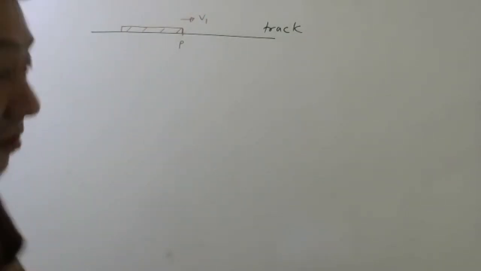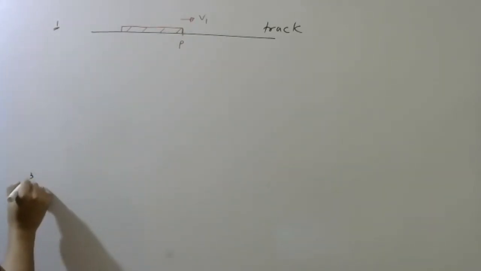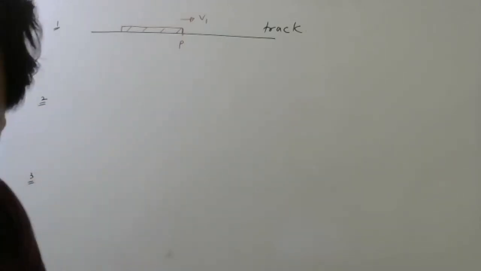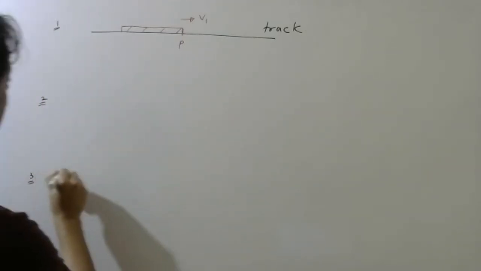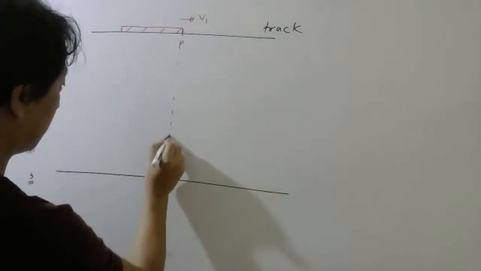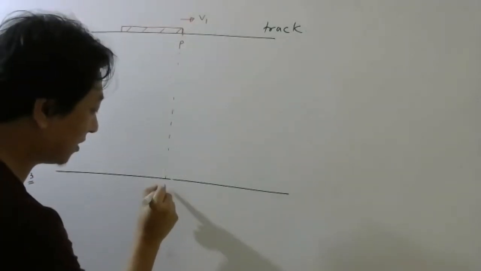Then this is the first case, okay, first picture. Then they told third picture, second picture we will draw later. Third picture is when P is there only, P is a point on the track.